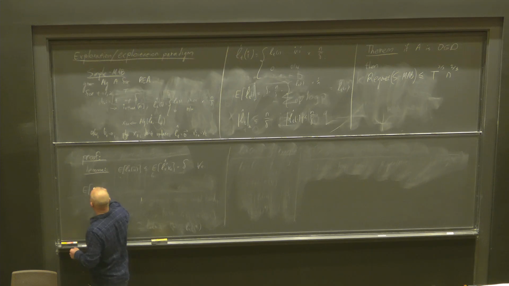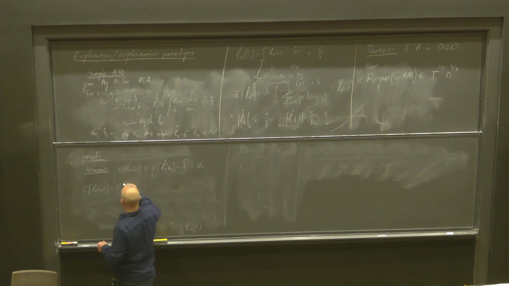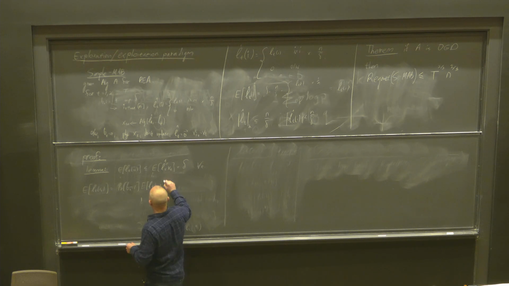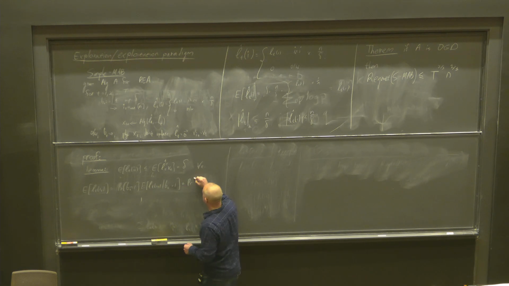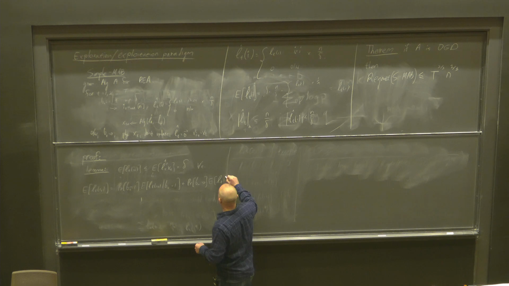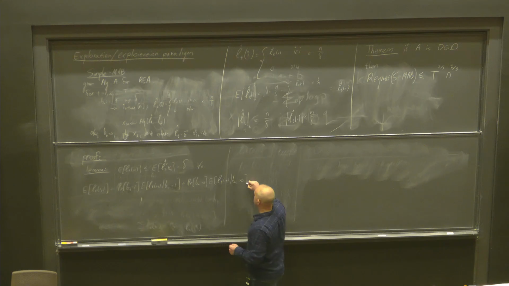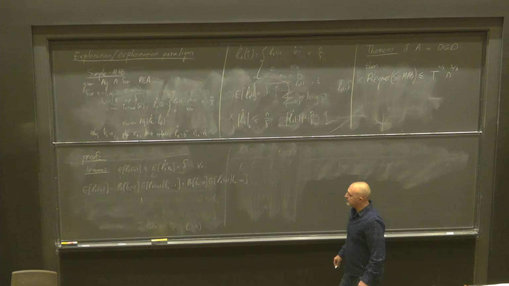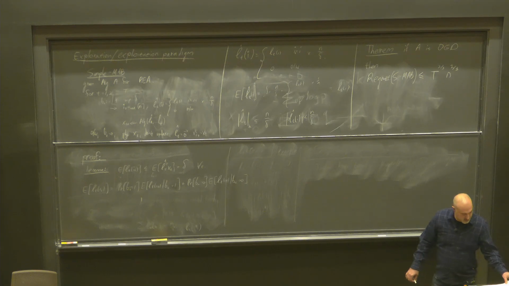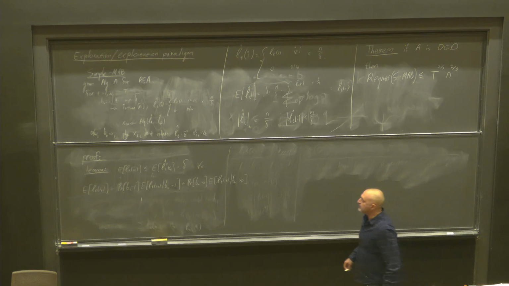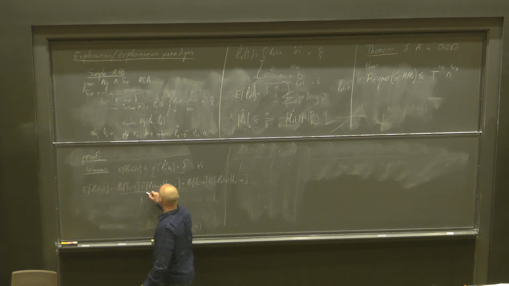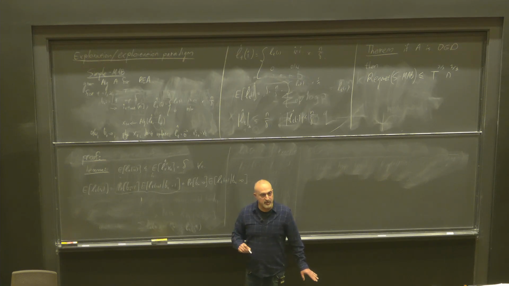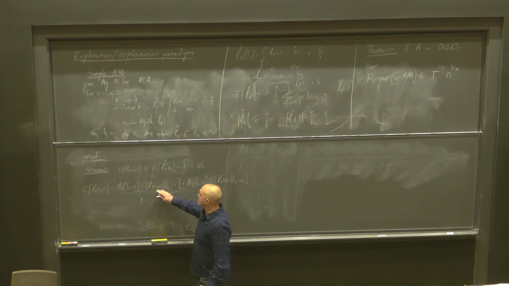So let's look at the expectation of LTIT. And this is the probability BT equals 1 times the expectation of LTIT given BT is 1, plus the probability BT is 0 times the expectation of LTIT given BT is 0. For the first term, I don't want to say anything about it, because at this point, this is a hard thing to argue about.